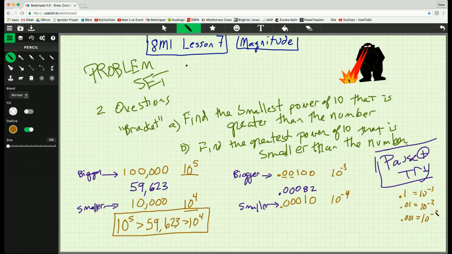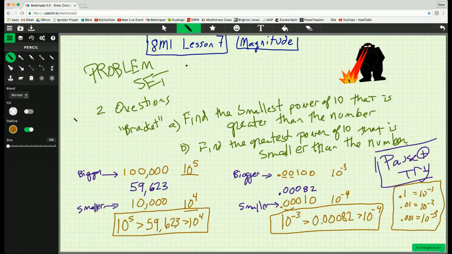If you ever forget the rule on the negatives, you can just write it out and figure out the rule for converting between decimals and powers of 10. So our answer over here would be 10 to the negative 3 is greater than 0.00082, which is greater than 10 to the negative 4.